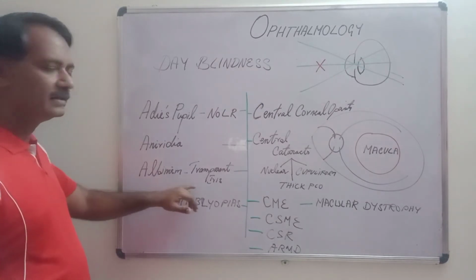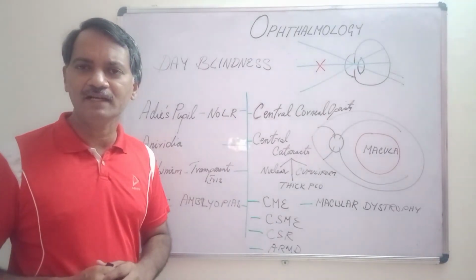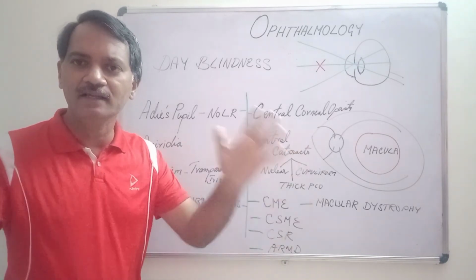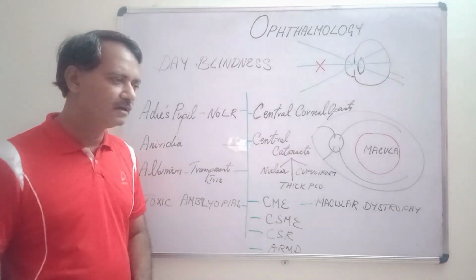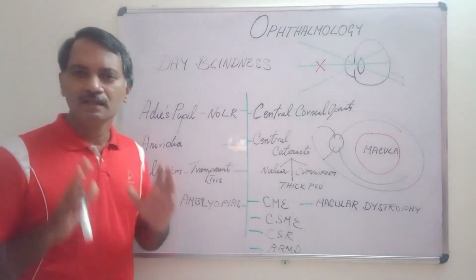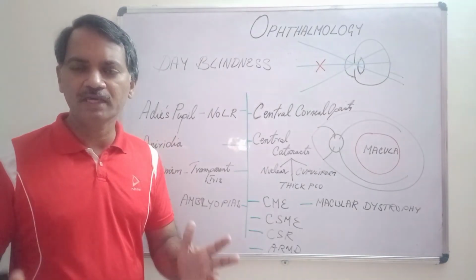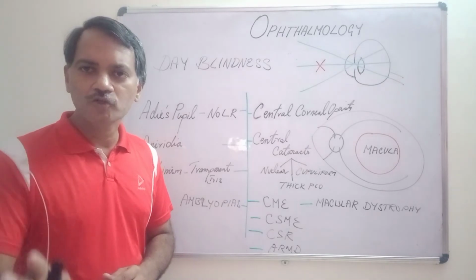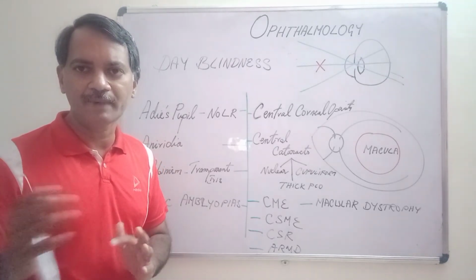Albinism, that is absence of pigment in the iris. The iris is transparent, allowing light to pass even through the iris and fall everywhere, affecting the daytime vision when it is very bright. Toxic amblyopias: the optic nerve is damaged by alcohol, smoking, all those things. It also affects the papillomacular bundle connecting the optic disc and the macula.